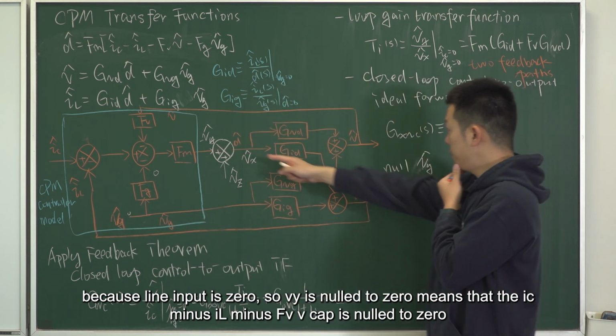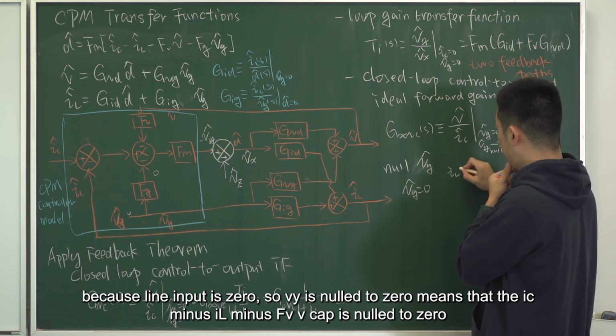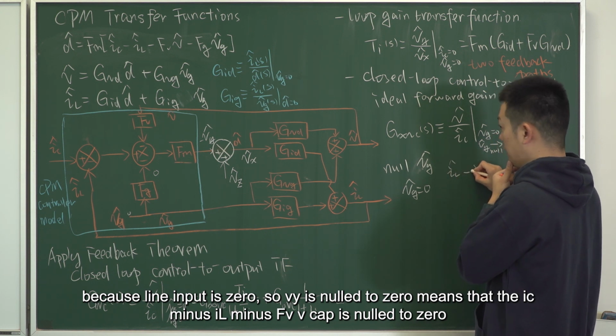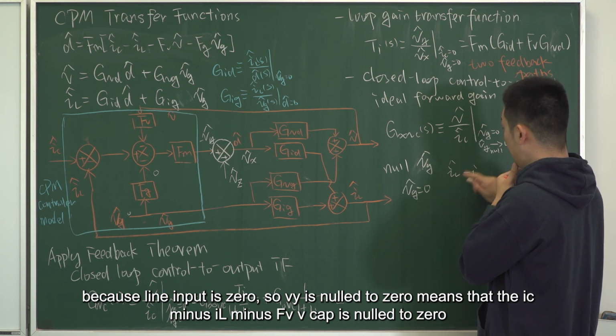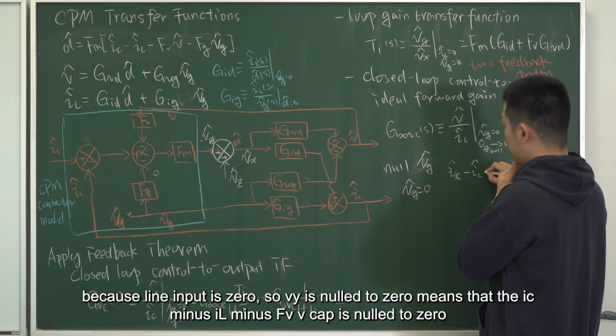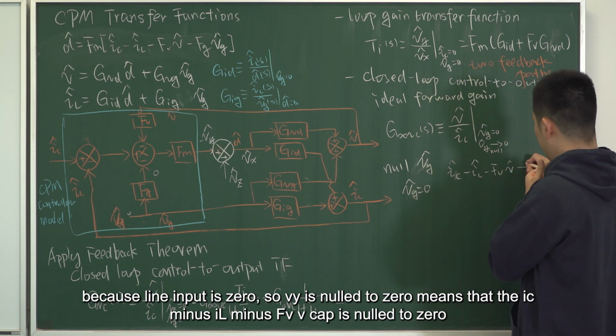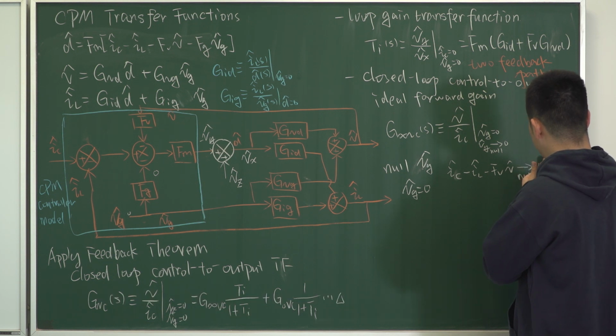So Vy now being 0 means that IC minus IL minus Fv V cap is 0.